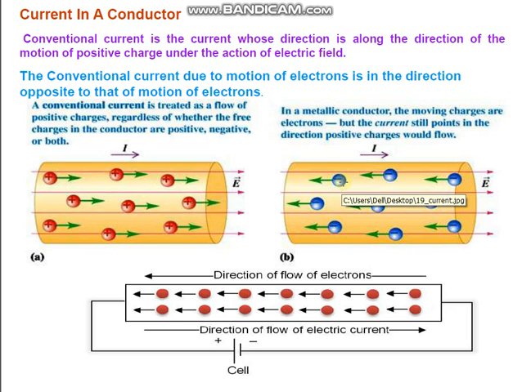This is especially in case of conductor. Actually, current is due to flow of the electrons, but according to conventional way, we have to show the direction of current always from positive to negative terminal, that is the flow of positive charges, that is from positive terminal to negative terminal.